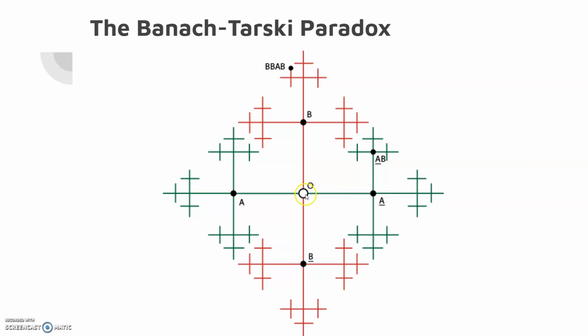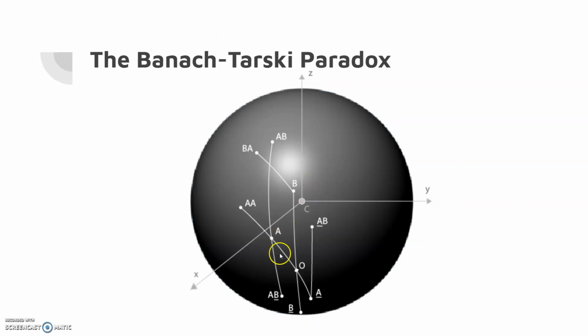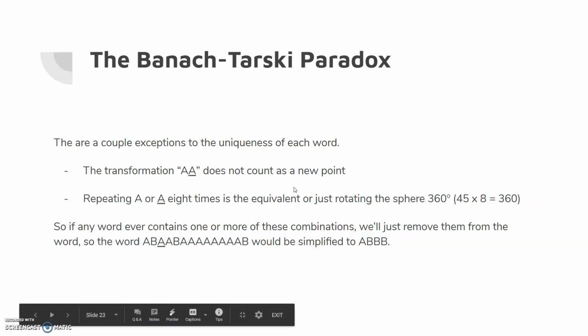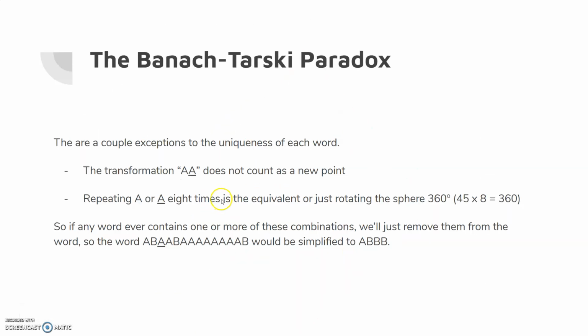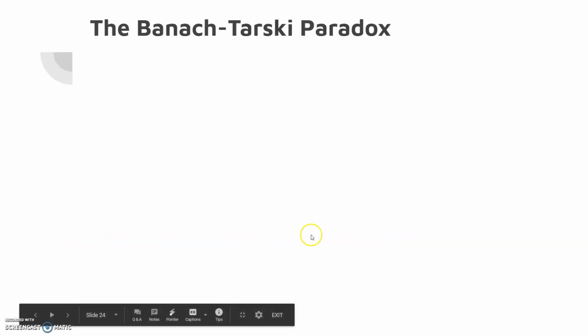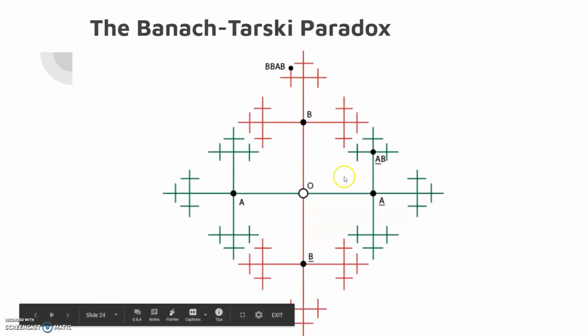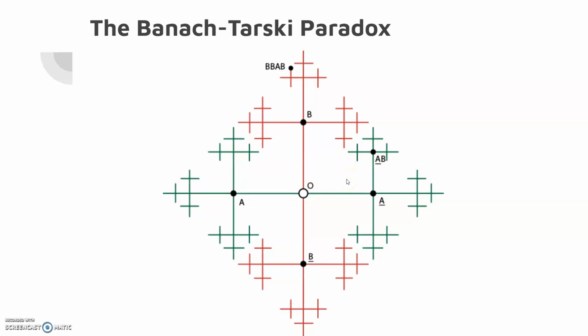So this point O to point B is the same as O to B right here, just like O to A is the same as O to A here, and so on. This is just the same thing, drawn differently.